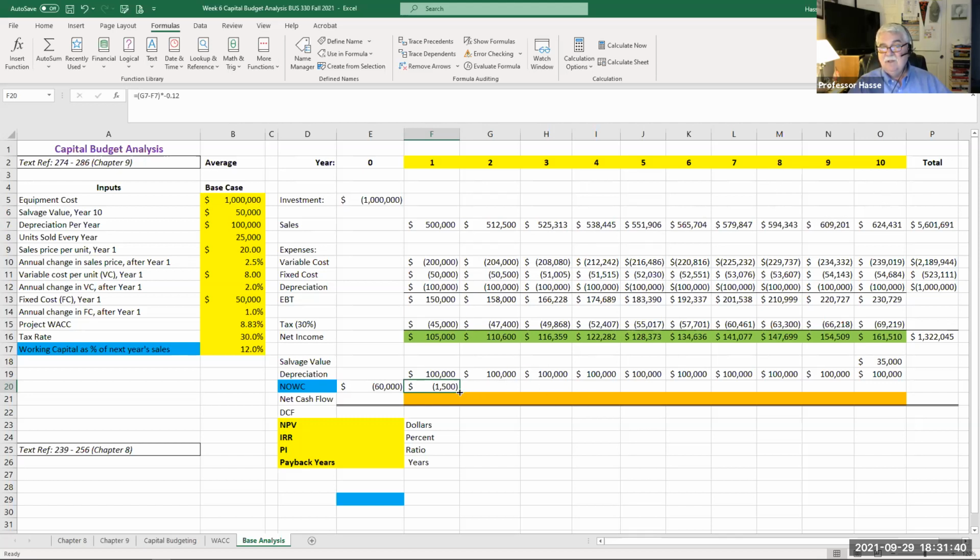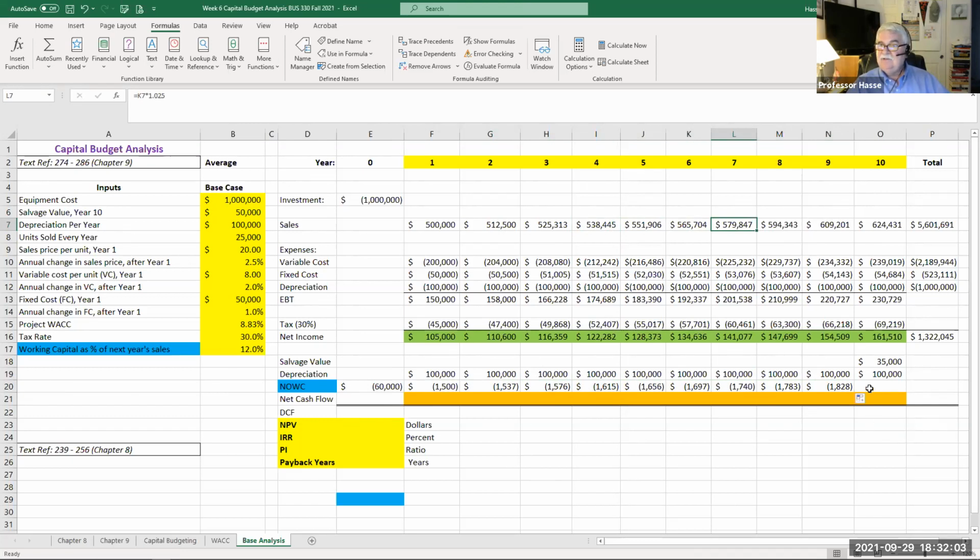Watch this. I'll slide this all the way to year 9, not year 10. And notice we're using additional working capital every year because our revenue is increasing, and to keep that base of 12%, we're allocating additional cash.